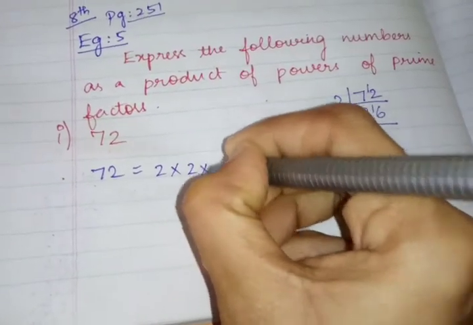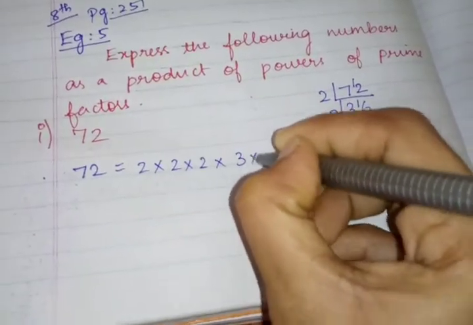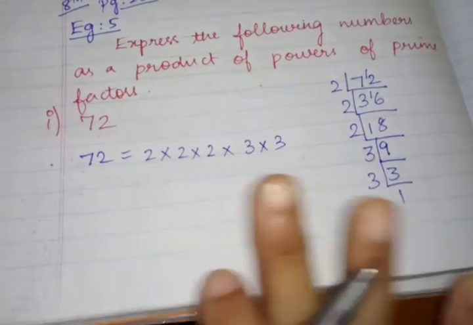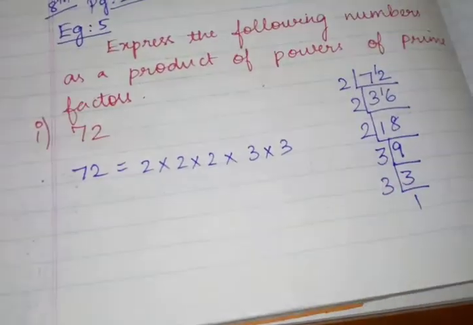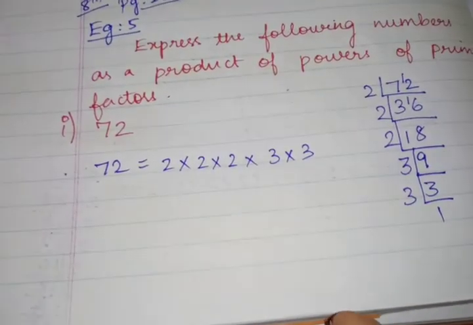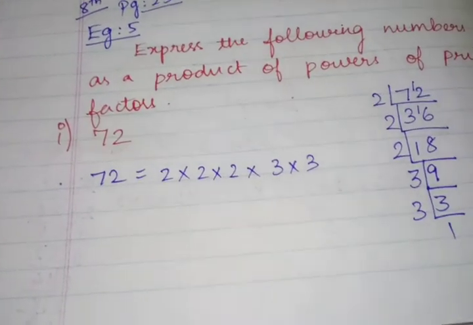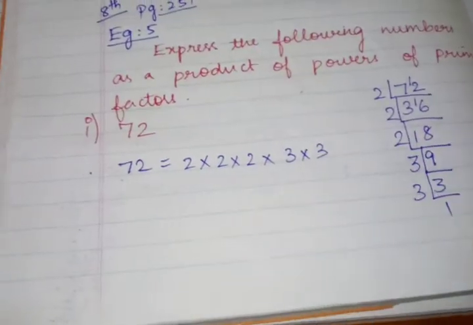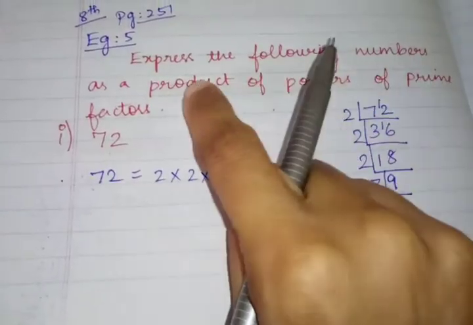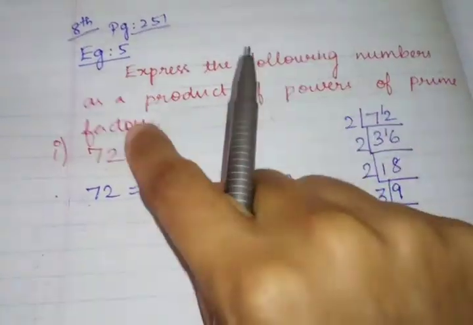2 into 2 into 2 into 3 into 3. So I have just written 72 as a product of prime numbers. Because they ask for the product of powers of prime factors, you should do the prime factorization.